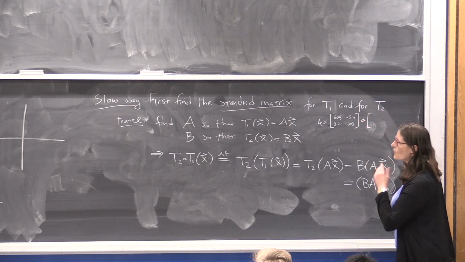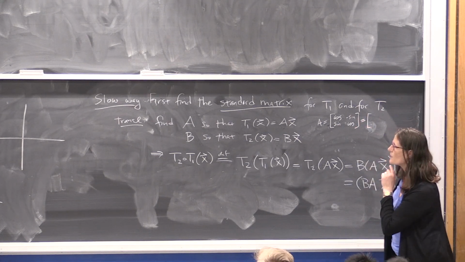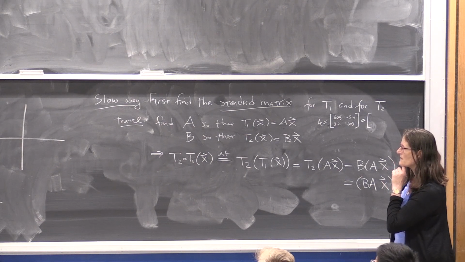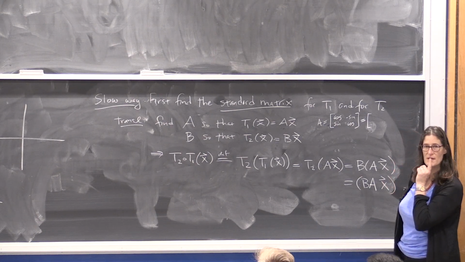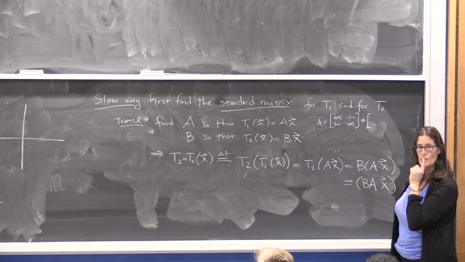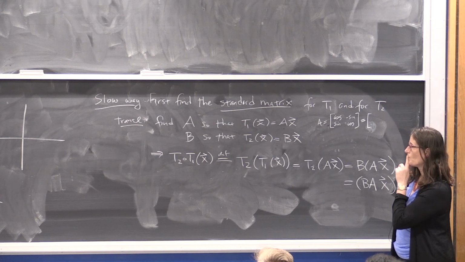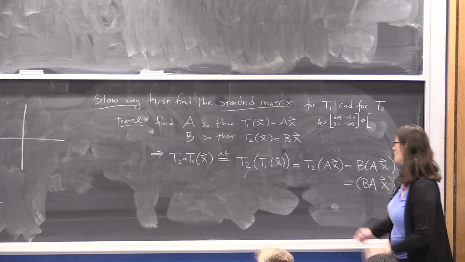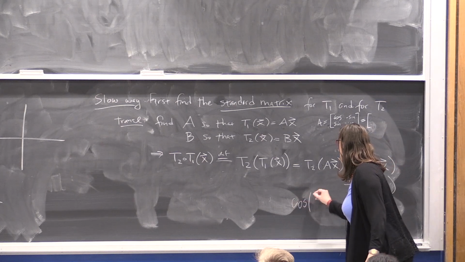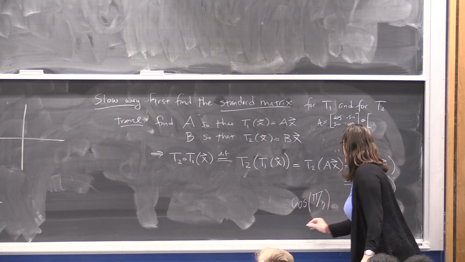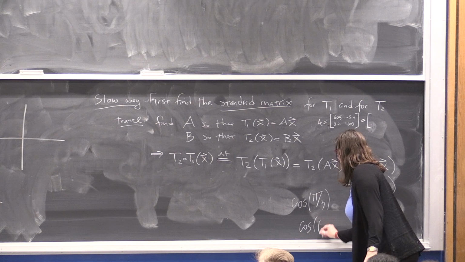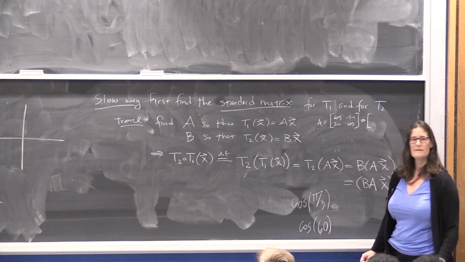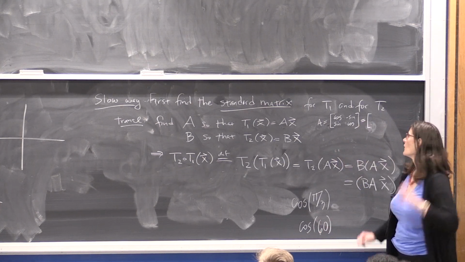Now I just need what is cosine of pi over 3 and sine of pi over 3. What is cosine of pi over 3? Affectionately known as cosine of 60 degrees. 1/2.